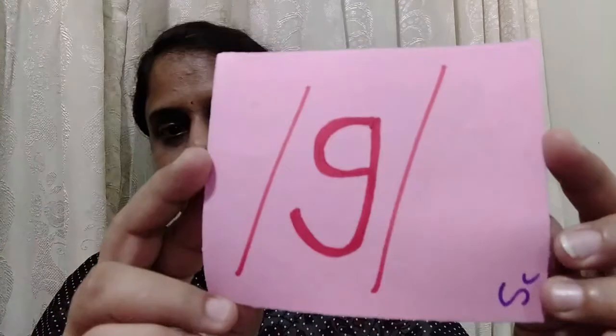K, as in the words cat, act, the middle sound in act, king, sick, the last sound in the word sick. K. G, as in the word goat, give, tag.